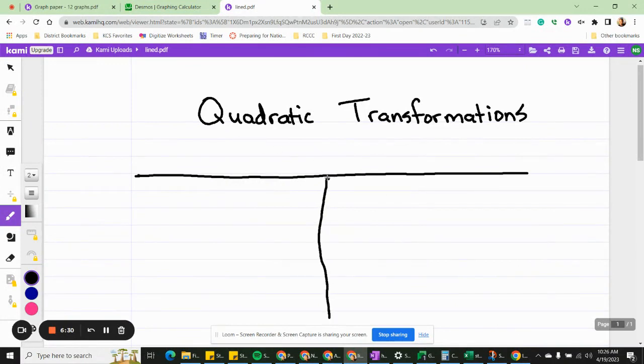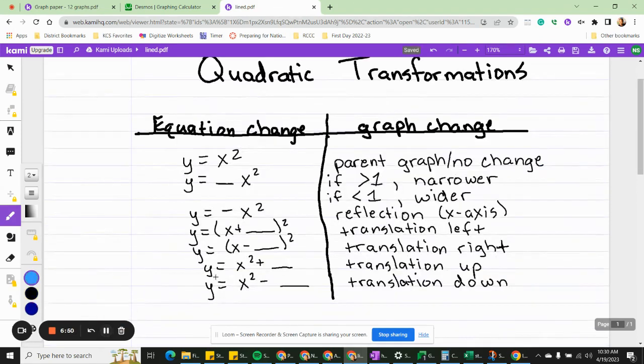That's not a straight line, but it'll be okay. The heading for the left side is going to be equation change. And the heading on the right side will be the graph change. Now, let's fill in this table. Okay, so here's our table. You want to copy this down.